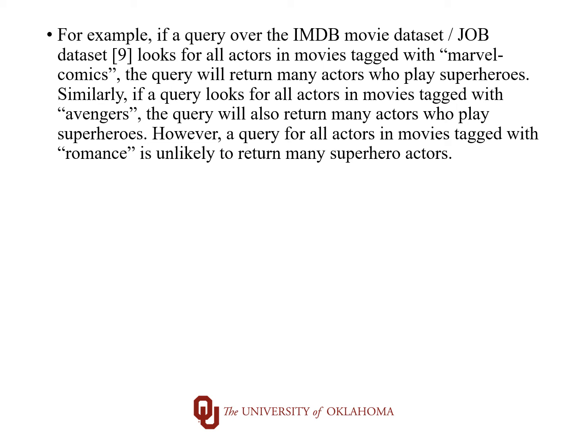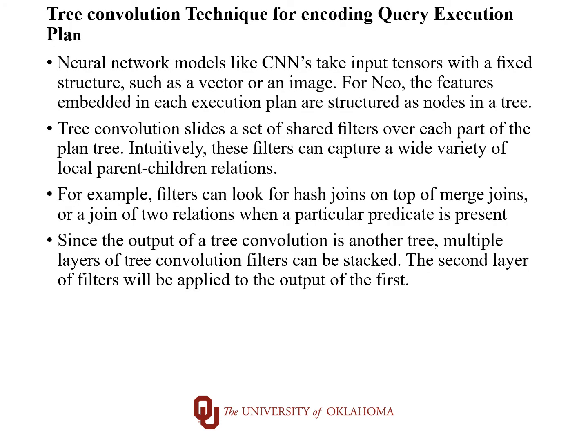Similarly, if a query looks for all actors in movies tagged with Avengers, the query will also return many actors who play superheroes. However, a query for all actors in movies tagged with romance is unlikely to return many superhero actors. It is achieved using word to vector.